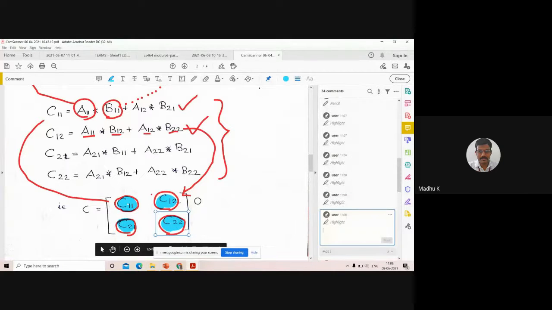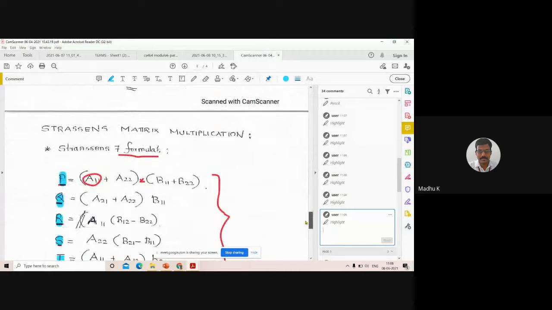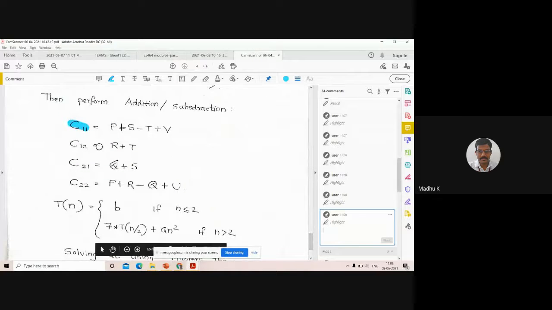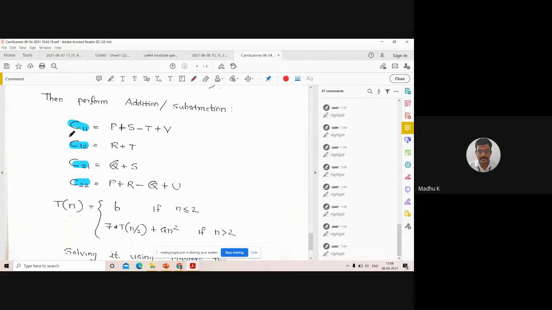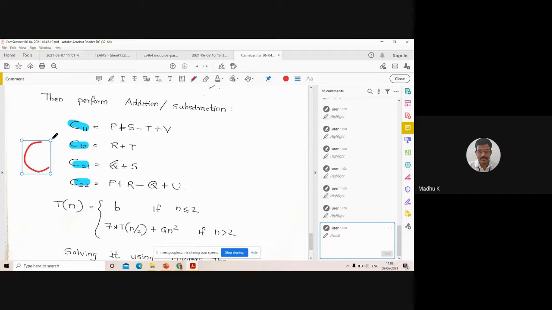How can we obtain these? We can obtain these using another 4 formulas. There are 4 elements in C.